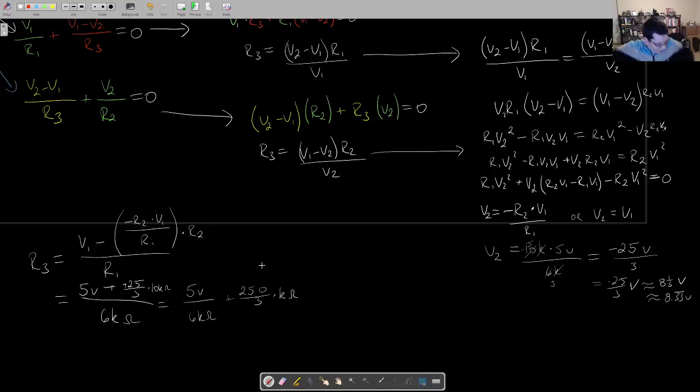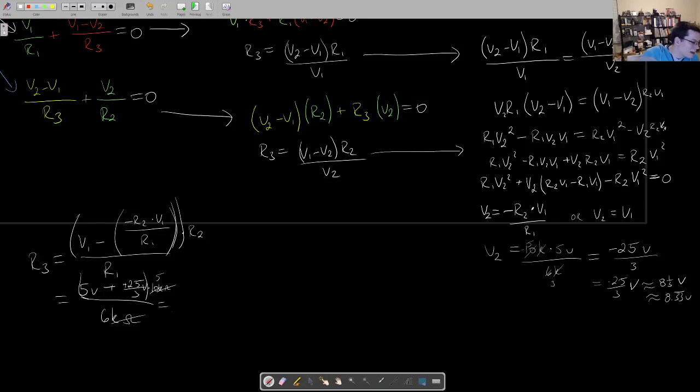Bugger. I'm putting my parentheses in the wrong place, or not enough of them. This whole thing gets parentheses. That whole thing gets parentheses. So the kilo ohms cancel.